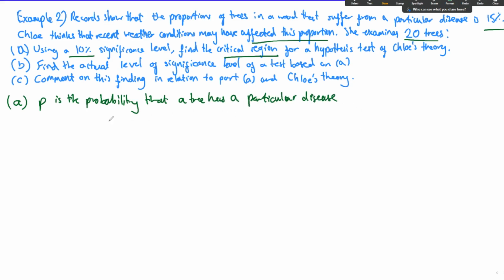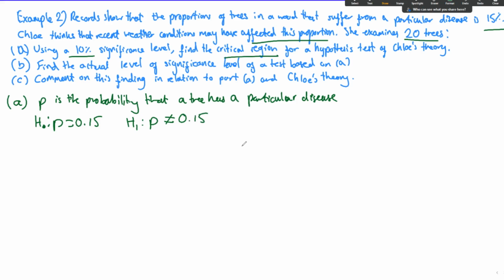And then next, we want to define the null hypothesis, which we can see is 15%, so the probability is 0.15. And then the alternative hypothesis. Now you can see that it hasn't actually told us whether Chloe thinks it's increased or decreased. She just thinks it's been affected. So now it's a two-tailed test, because we don't know whether it's going up or down. We just know that we don't think it's 0.15.